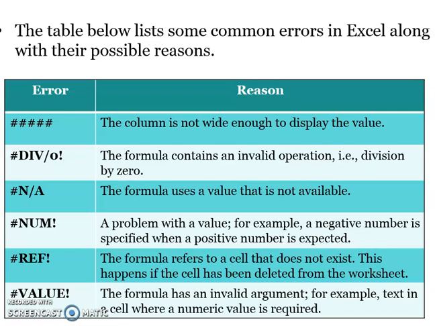Something is divided by 0, which is an invalid operation. Then #N/A means the value given is not available. #NUM means the problem is with your value. It means you are expecting a positive value and the answer given is negative. So concentrate on your values.